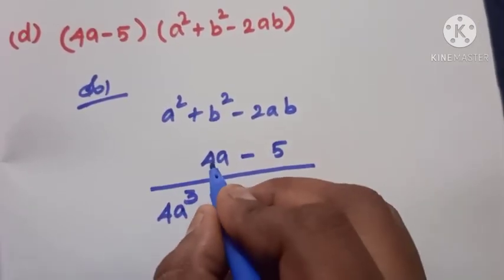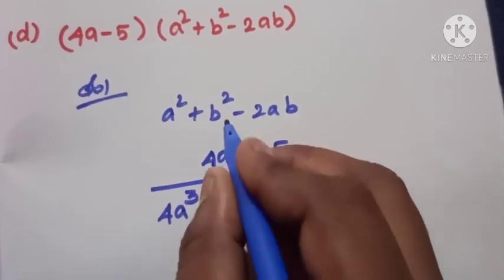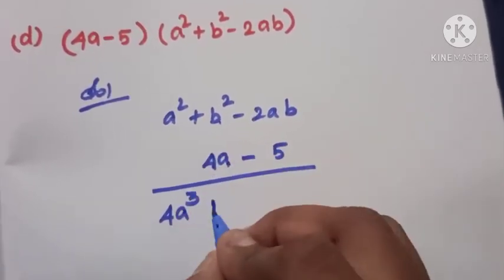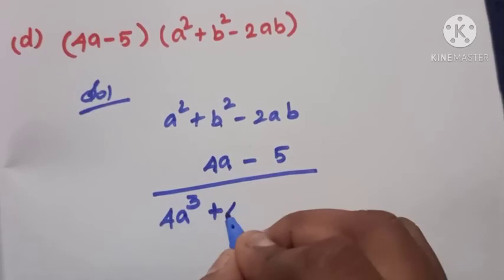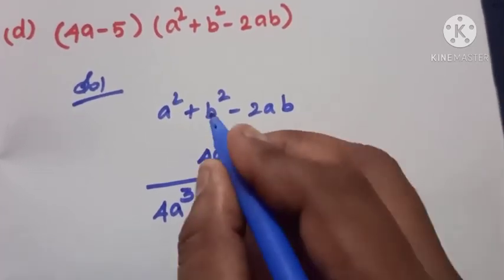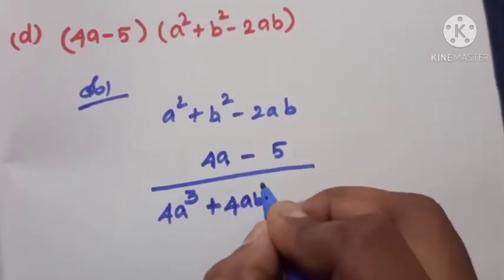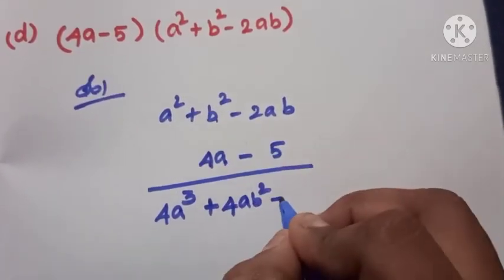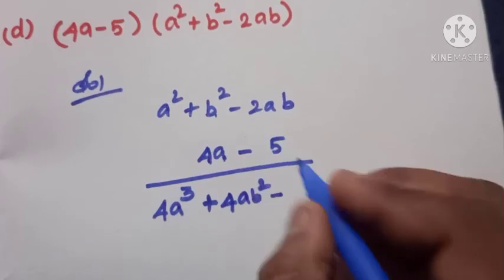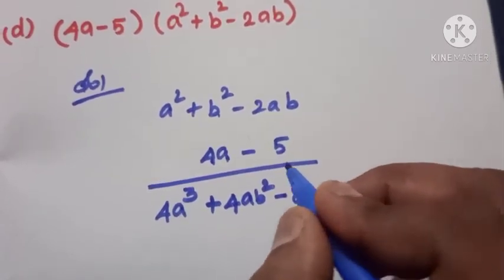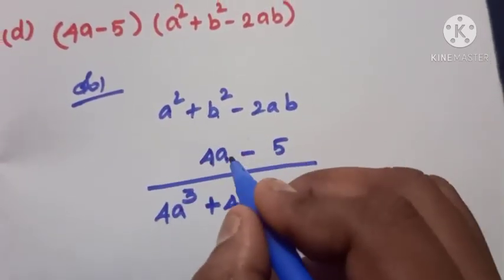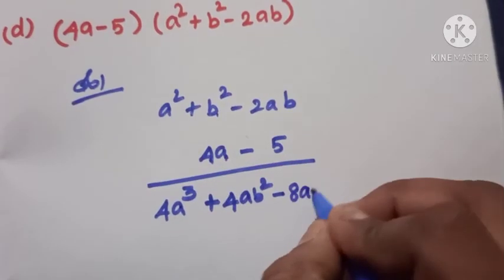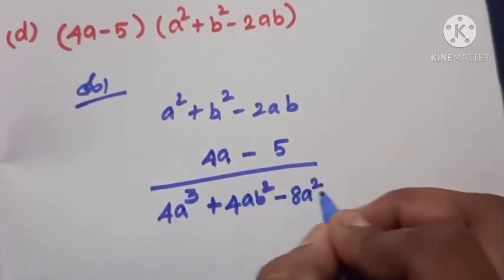And next I multiply this 4a to b square, plus into plus. So there is no number, so 4a into b square, that is ab square, we take it as same. Plus into minus, minus. So here 4 into 2, 8. 4 into 2, 8. So a into a, we get a square and then b.